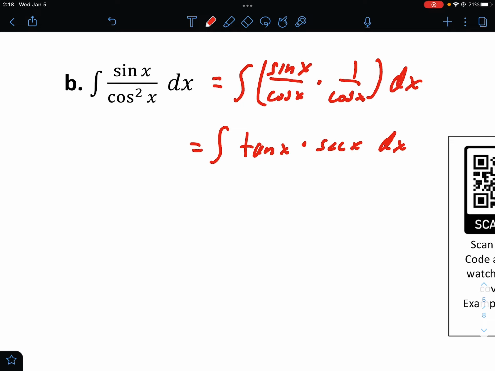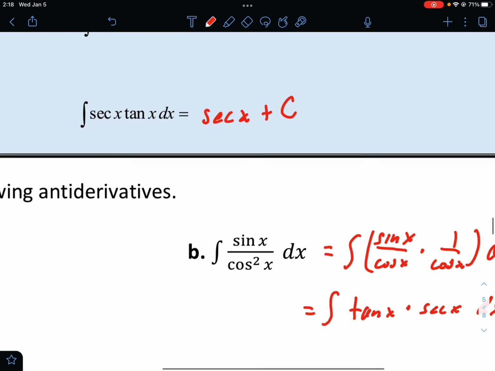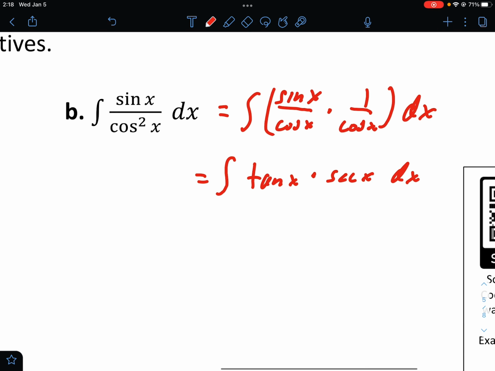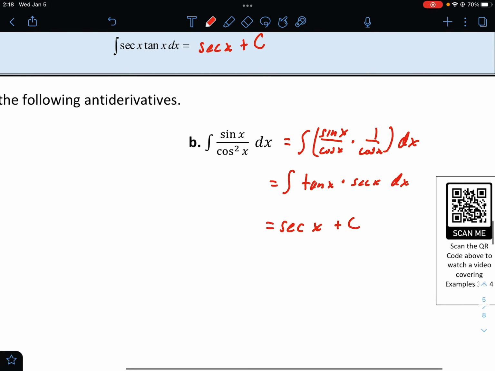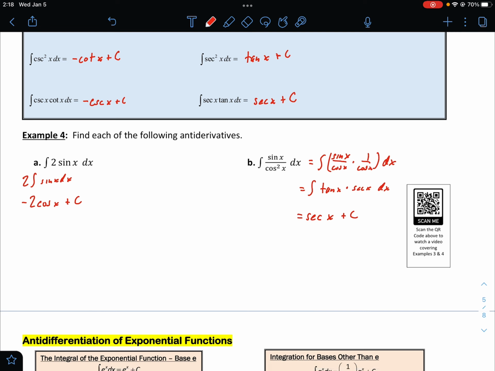And we know the integral of tangent secant is secant. So that's going to be secant x plus c. We will use those much, much more as we go throughout these next couple of chapters.